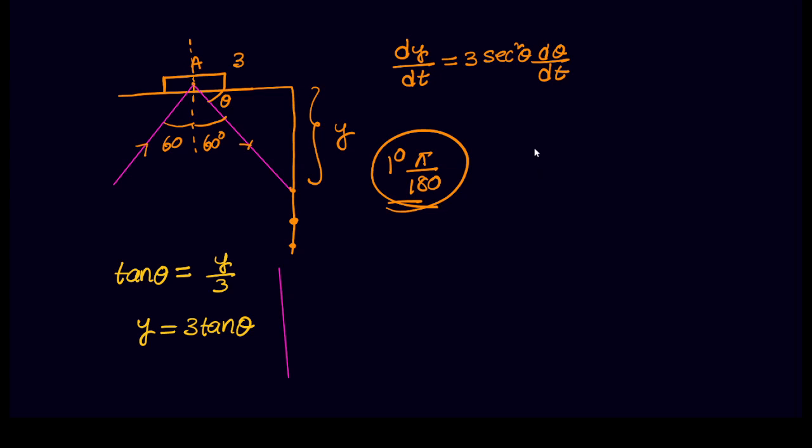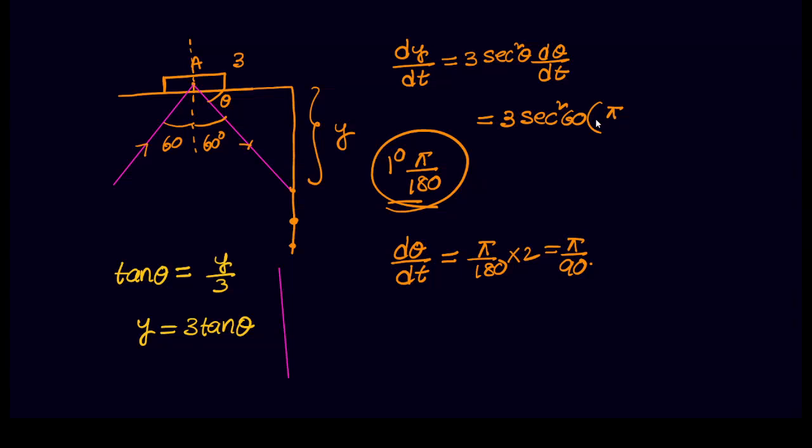So we need to find d theta by dt, which is pi by 180 into 2, which becomes pi by 90. Now we place this value here: 3 into sec squared of the initial angle of 60 degrees, with d theta by dt as pi by 90. Sec 60 means 1 by cos 60, which is 2, and 2 squared is 4, into pi by 90. So this value comes to 2 pi by 15.